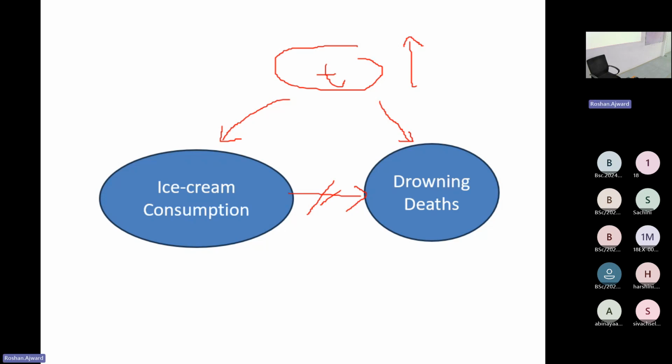The real cause and effect comes from where? Temperature. Can you see that? Temperature is causing ice cream consumption to go up as well as the drowning index to go up. Not that ice cream consumption leads to drowning. That's causation, cause and effect. Can you see cause and effect here? No, there's no cause and effect.